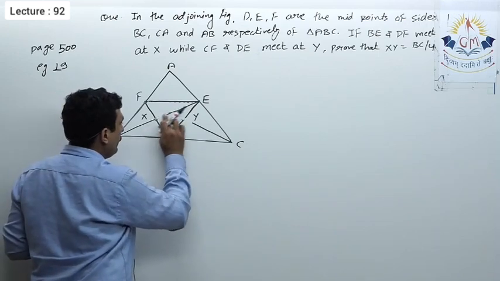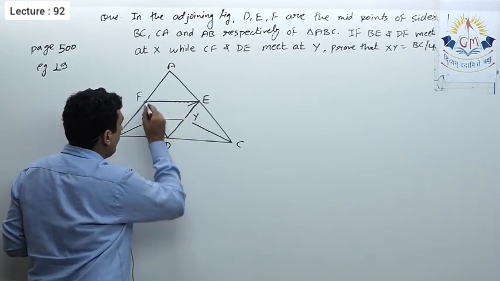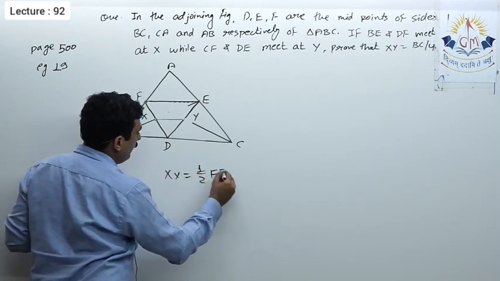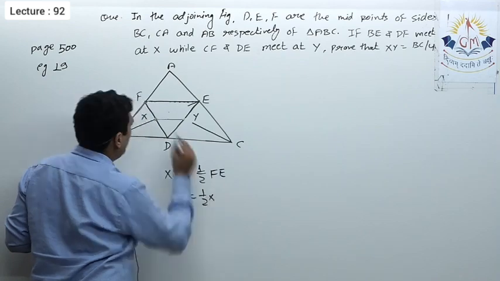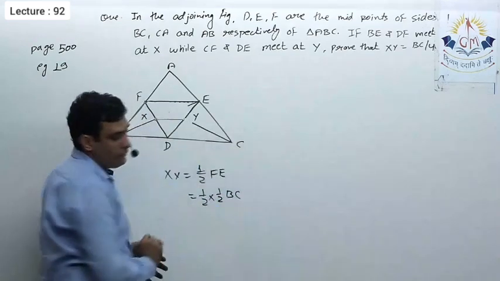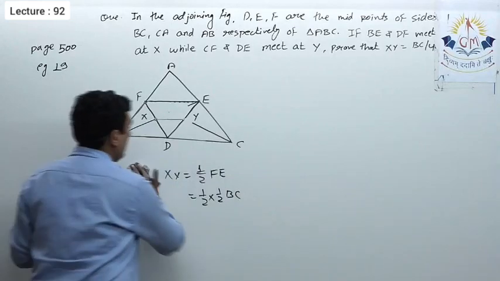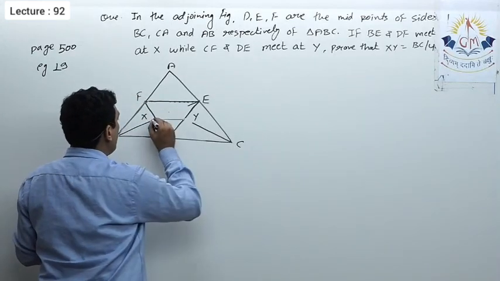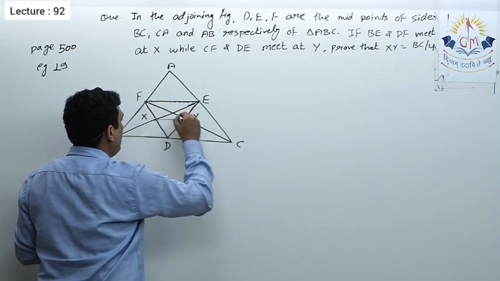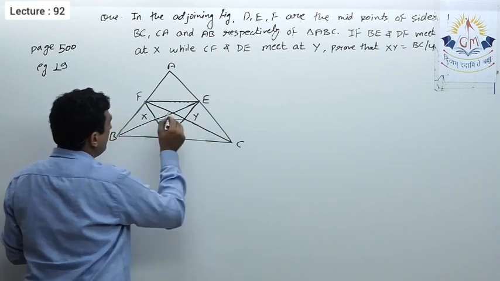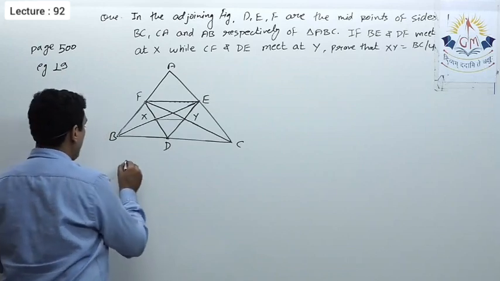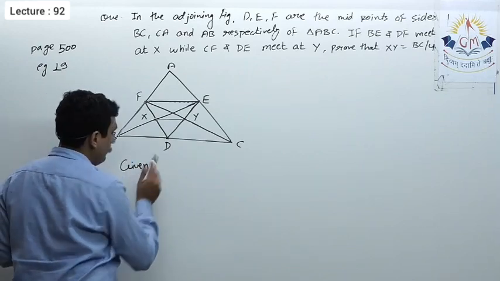When these two are midpoints, I'll apply the midpoint theorem in this triangle and say XY is equal to half of FE. And I already have the information that FE is equal to half of BC. So XY is equal to 1/4 of BC. So before I apply the midpoint theorem in triangle FED, I need to prove that these are the midpoints, and for that I need to prove these two quadrilaterals BDEF and DCEF are parallelograms. So let us see how to prove this.